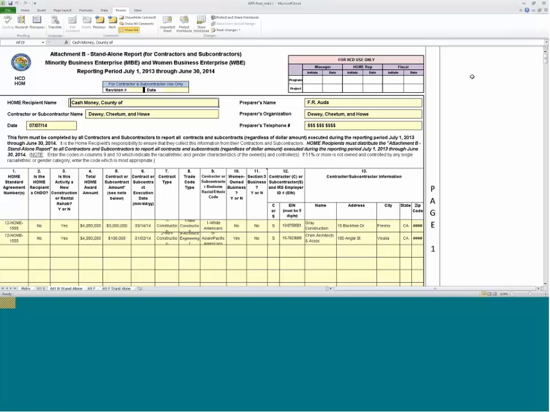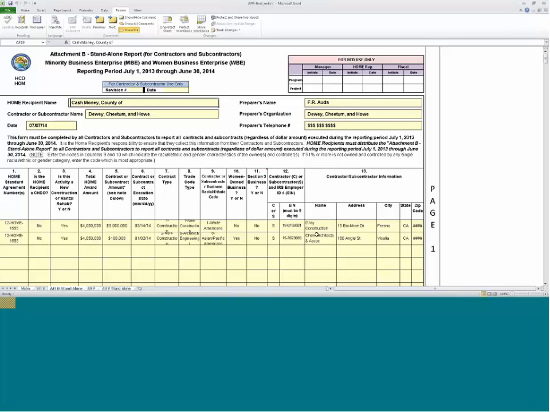And again, this cascades down because in this case, Dewey, Cheatham, and Howe was a subcontractor, and they contracted with, over here in column 13, Gray Construction and Chen Architects. Now, again, these people, Gray Construction and Chen, may have entered into other subcontracts with subcontractors that they'll need to record.